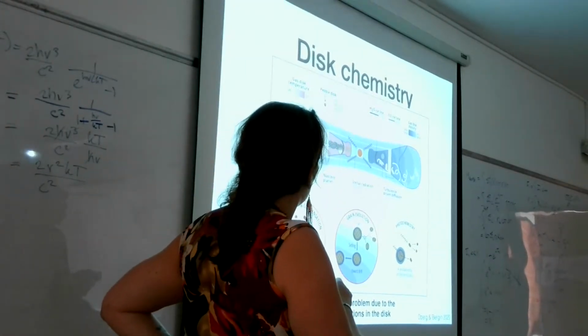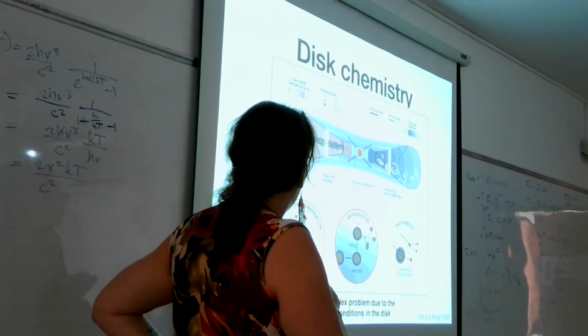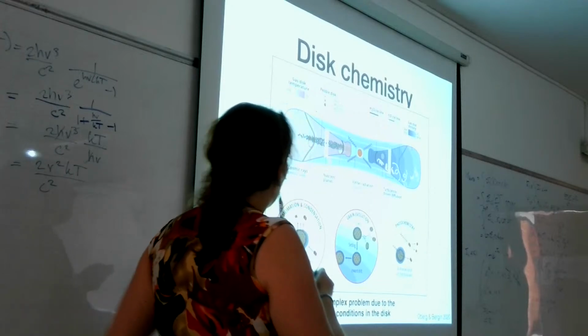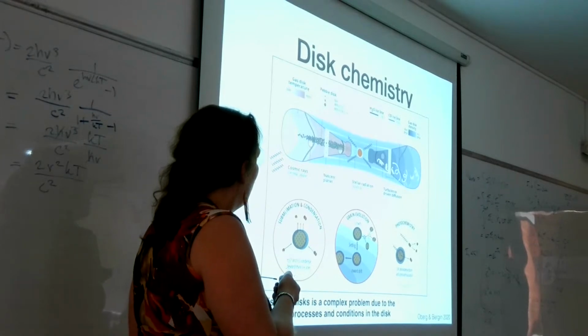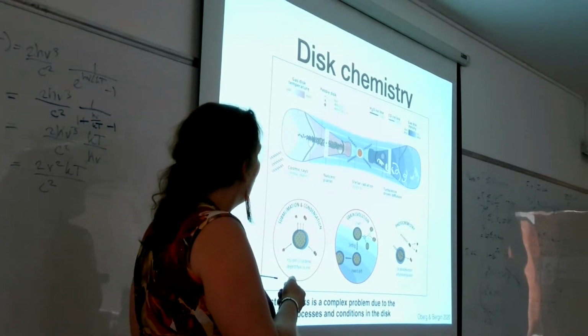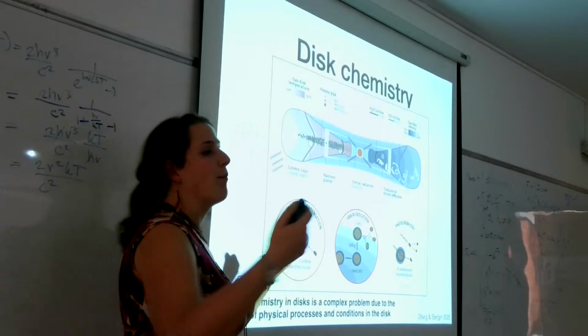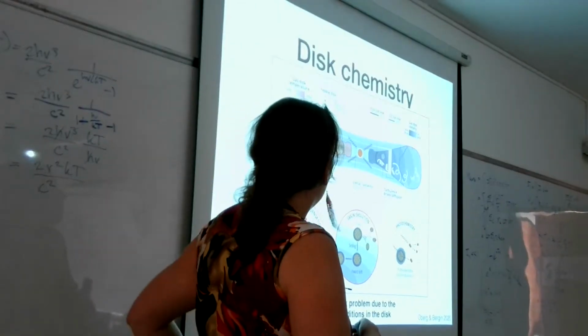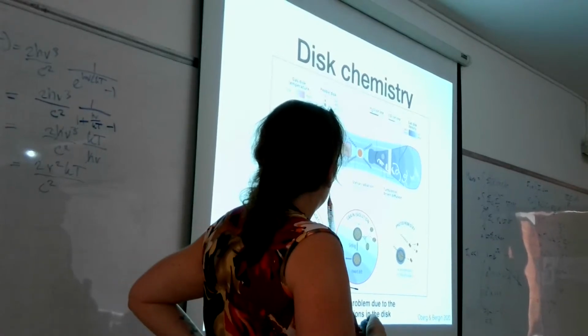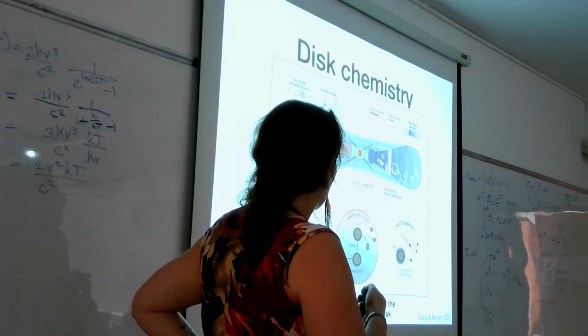So bare pebbles are only inside the snow line. Cosmic rays will have an effect on the composition of the disk. Stellar radiation from the inside, UV and X-ray radiation, will also have an effect on the outer disk.